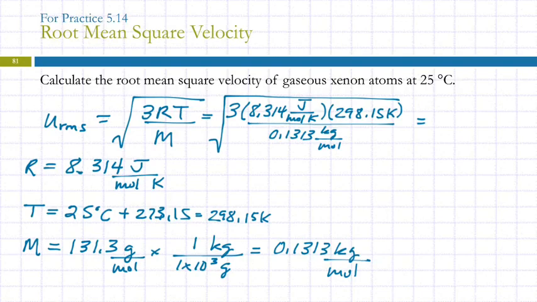On my calculator, I'm going to do square root, and then 3 times 8.314 times 298.15 divided by 0.1313 equals 237.9856. How many sig figs does that have? Should have 4, right? So that'll be 238.0.